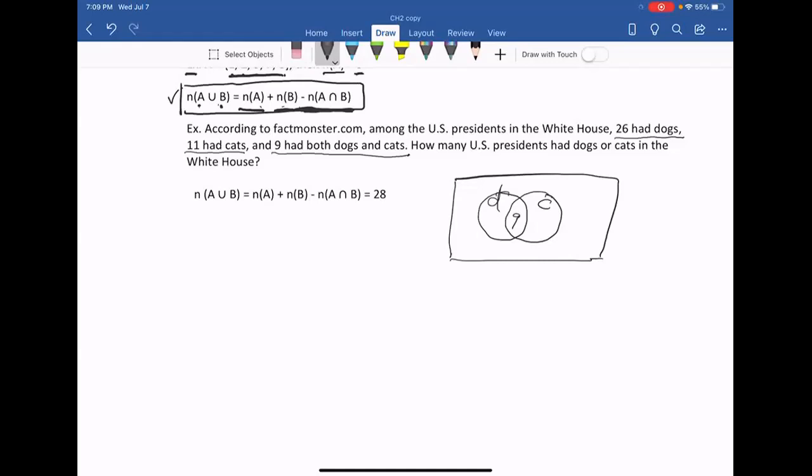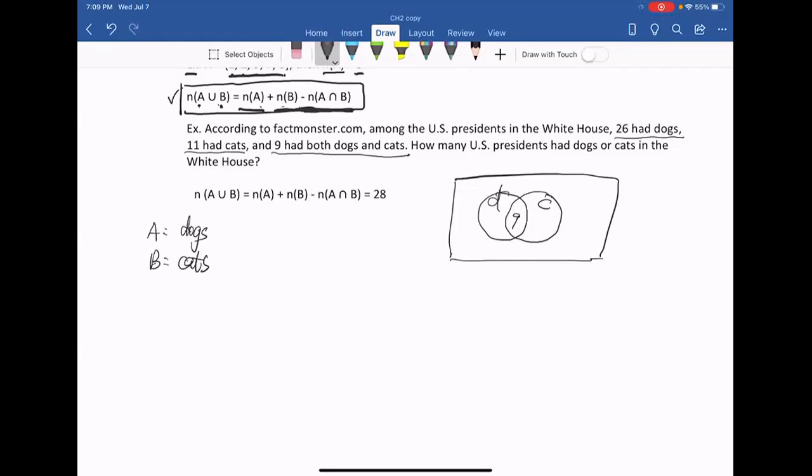So how many US presidents had dogs or cats in the White House? Let set A be the presidents who had dogs, and B is cats.